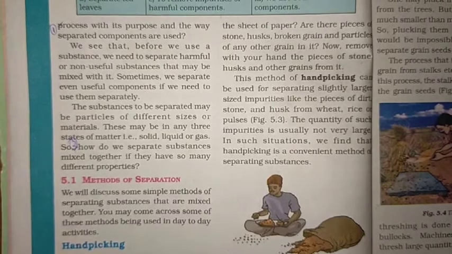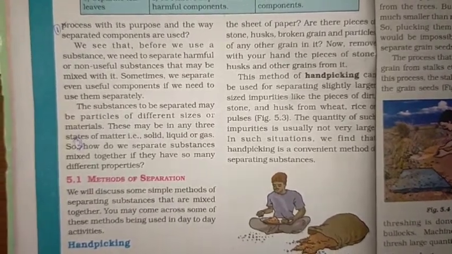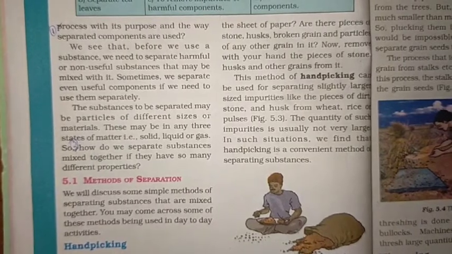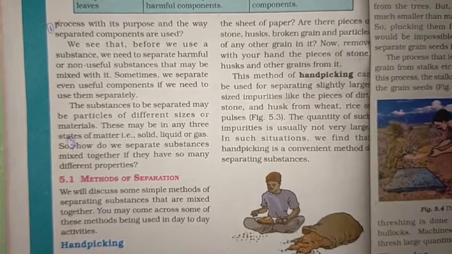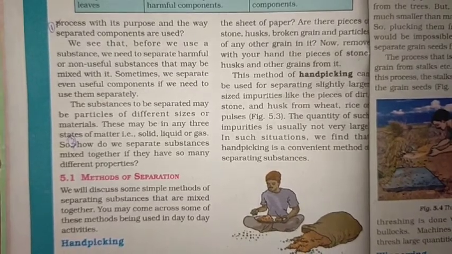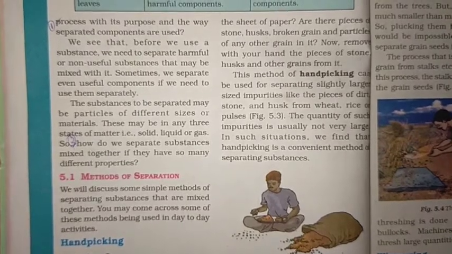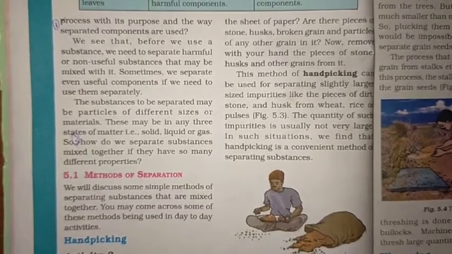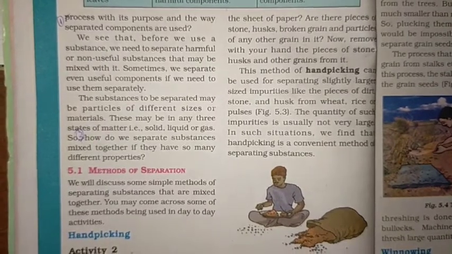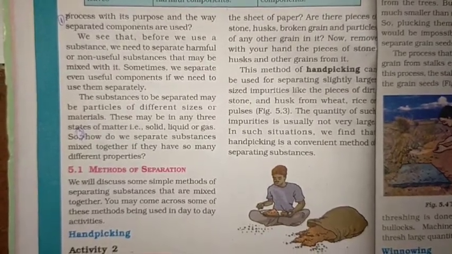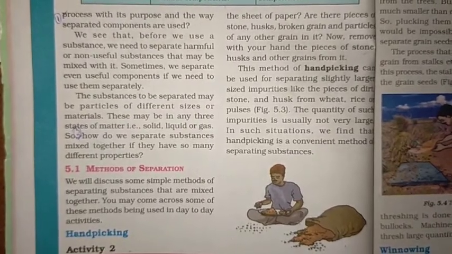Before cooking in our home, we separate some waste and non-useful things, like from rice. Sometimes we separate even useful components if we need to use them separately. The substances to be separated may be particles of different sizes or materials.